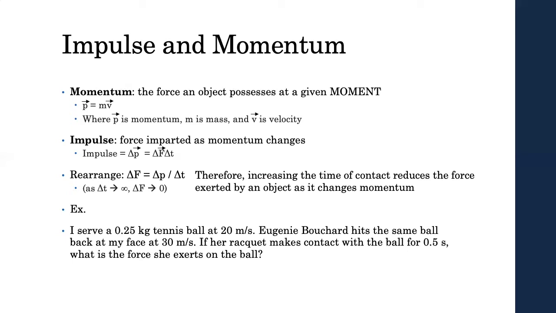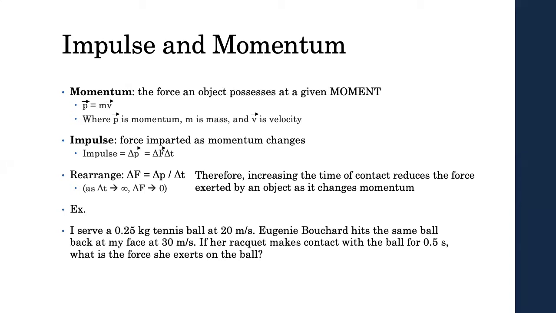Here's a question for you. I serve a 1/4 kilogram tennis ball at 20 meters per second. Eugenie Bouchard hits the same ball back in my face at 30 meters per second. If her racket makes contact with the ball for 1/2 second, what is the force that she exerts on the ball?